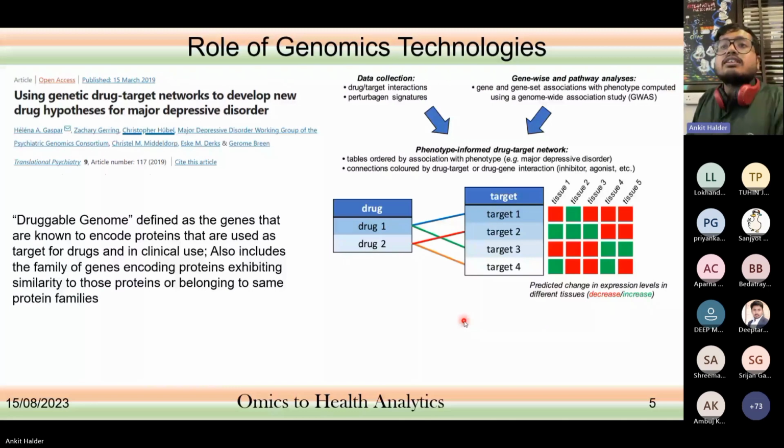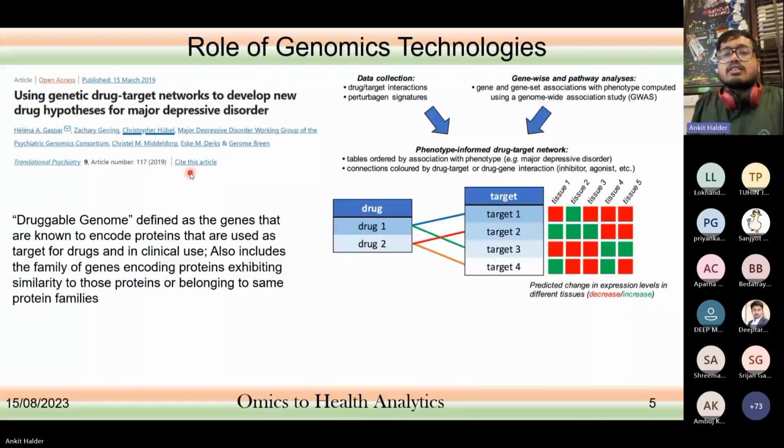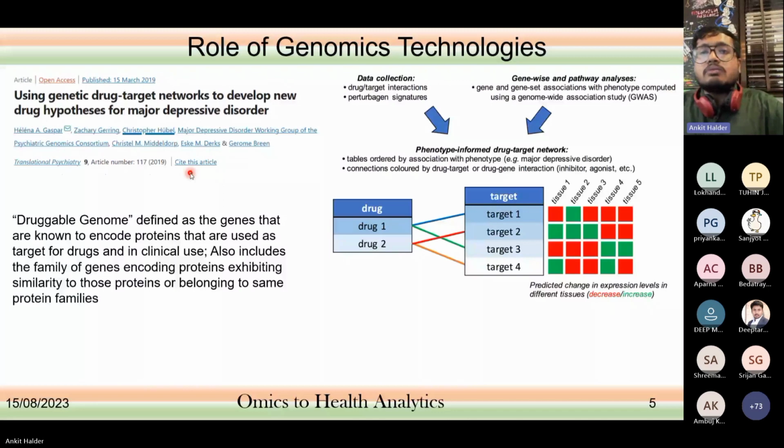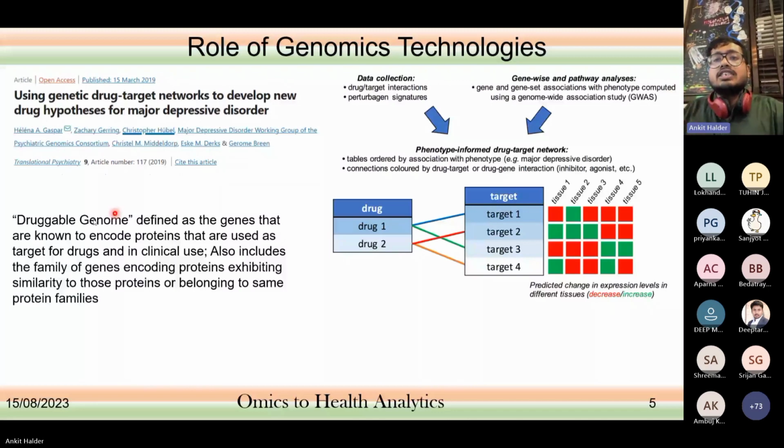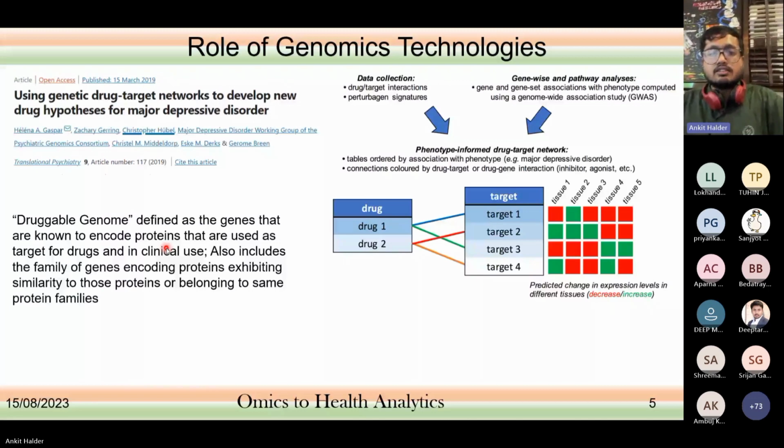So for example, here they were using genetic drug target networks to develop new drug hypotheses for major depressive disorder. This gave the concept of the druggable genome, the genes that are known to encode proteins that are, as I mentioned, among the four kinds of receptors that we generally take.